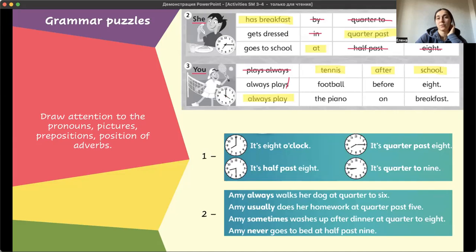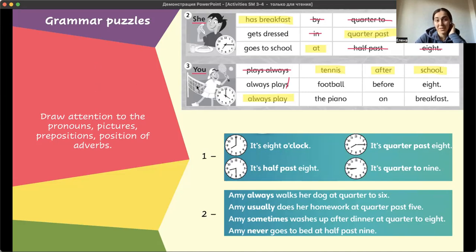And when they understand what is in this picture, they can make sentences. So, for example, in the first one, they understand that she has some breakfast and they see the time. If they know the time, they can easily make a sentence.